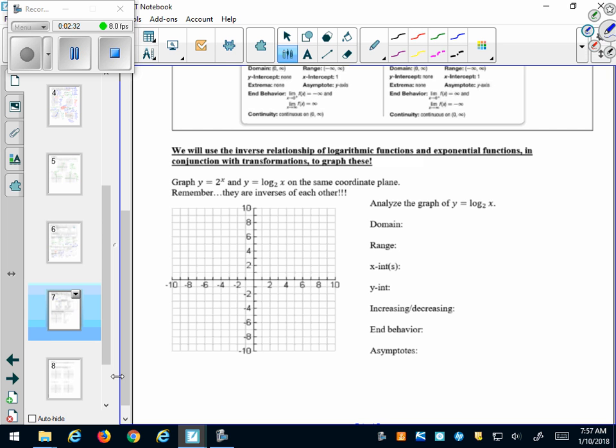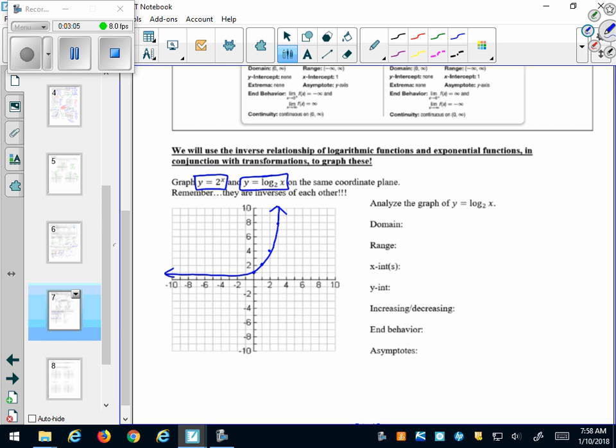If we graph this, which we've already graphed before, y equals 2 to the x, we know (0, 1), (1, 2), (2, 4), (3, 8) are on here, with an asymptote at y equals 0. And now graph this on the same plane.